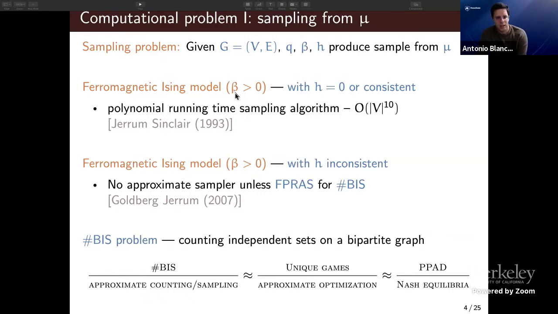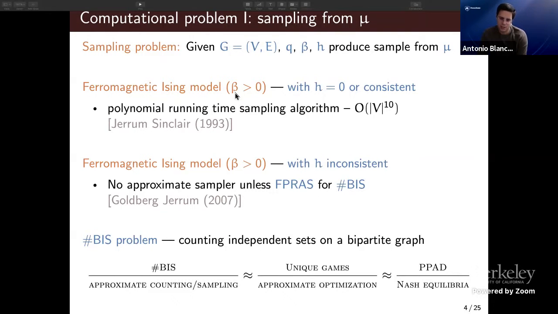Now, if we consider the ferromagnetic Ising model, but instead of having no field or a consistent field, we consider the case of an inconsistent field, the complexity of the sampling problem changes. It turns out that there is no approximate sampler unless we have an FPRAS for #BIS, a result of Goldberg and Jerrum. #BIS is the problem of counting independent sets in bipartite graphs.